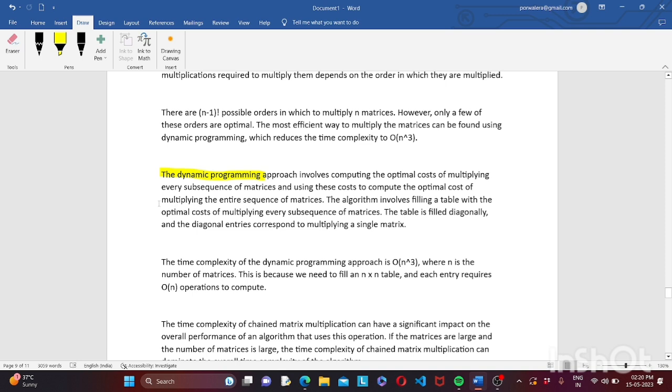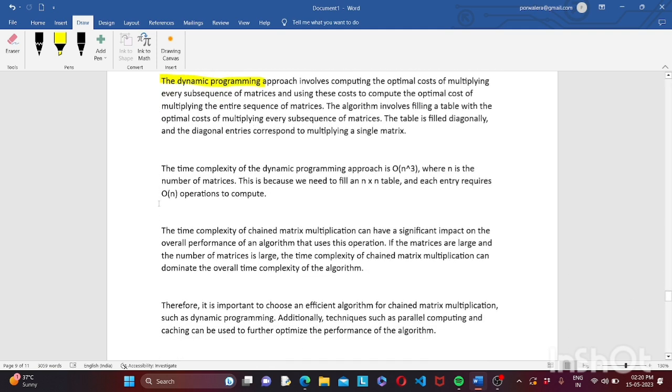The algorithm involves filling a table with the optimal costs of multiplying every subsequence of matrices. The table is filled diagonally, and the diagonal entries correspond to multiplying a single matrix. The time complexity of the dynamic programming approach is O of n to the power 3, where n is the number of matrices, because we need to fill an n by n table, and each entry requires O of n operations to compute.